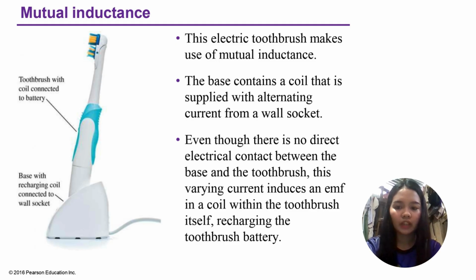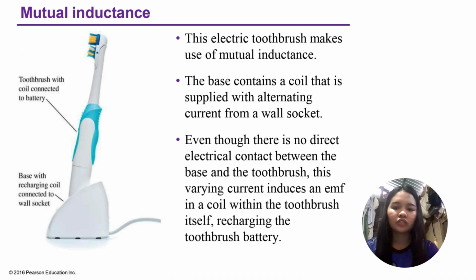A practical application of mutual inductance is the wireless toothbrush. This electric toothbrush makes use of mutual inductance, as exemplified by the electric toothbrush charger shown here. The base of the charger contains a coil which is connected to an AC power source.